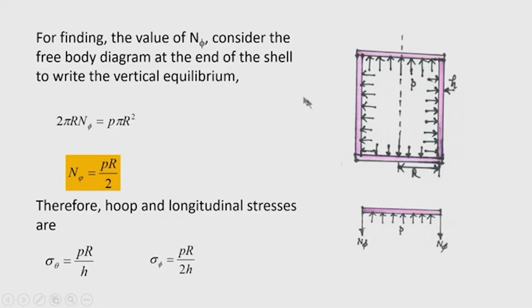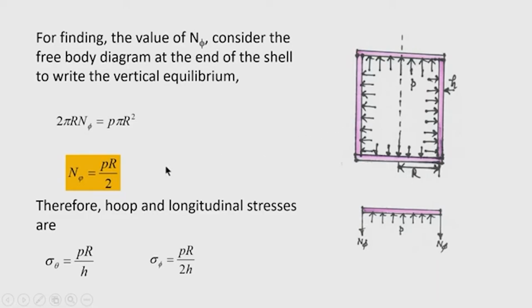So, for finding the value of n phi, consider the free body diagram at the end of the shell, say for example this top plate. The top plate is acted upon by the internal pressure P, which is the only load, and the self weight is neglected. So, it has to be balanced by the vertical component of n phi. Now, n phi is acting along the circumference of the plate, and the plate is circular.